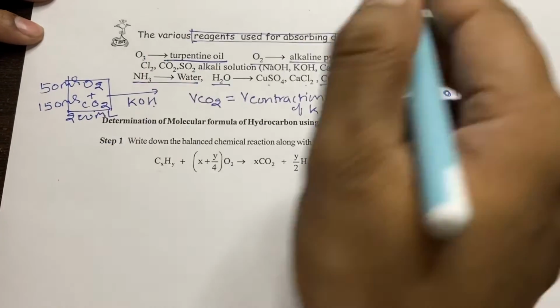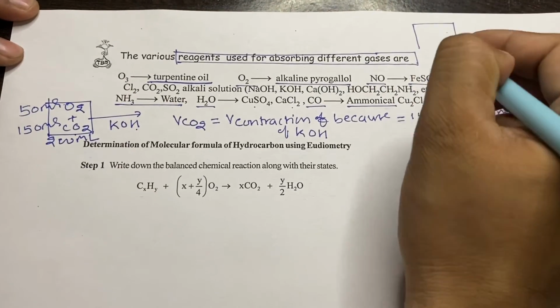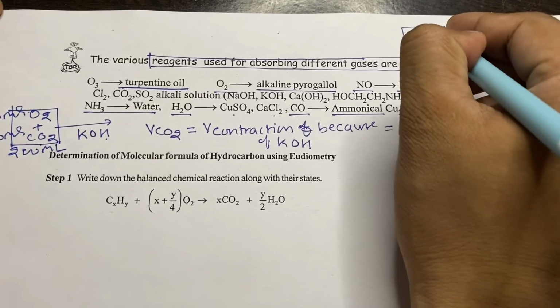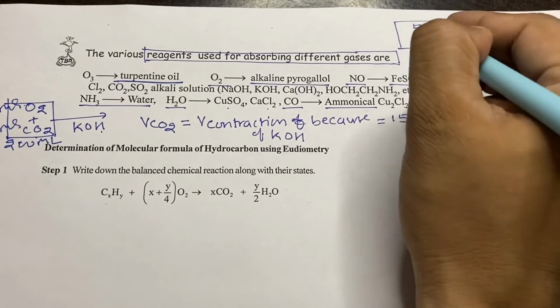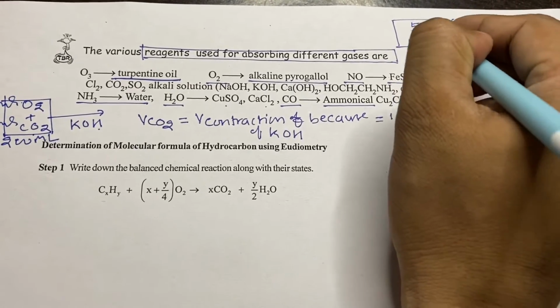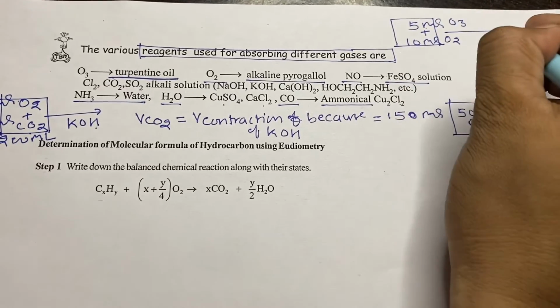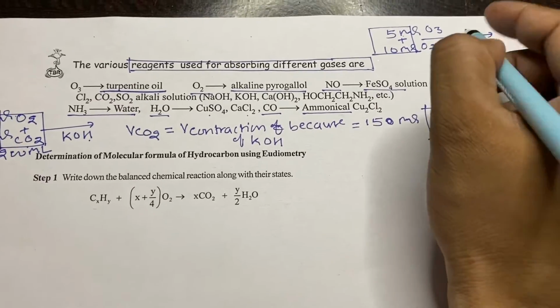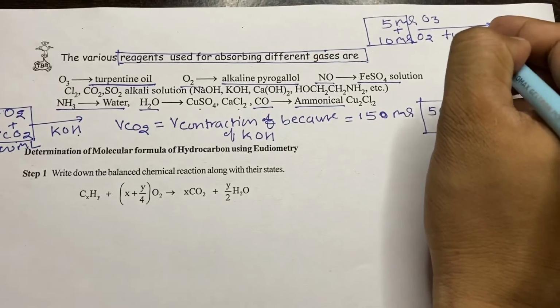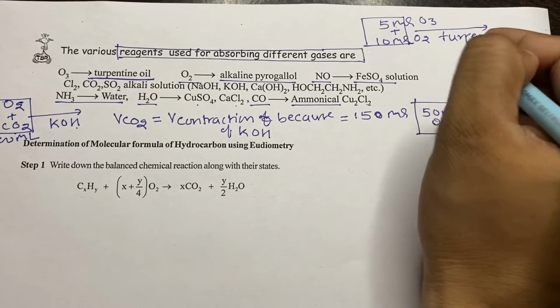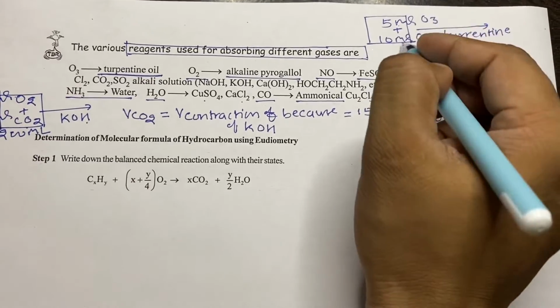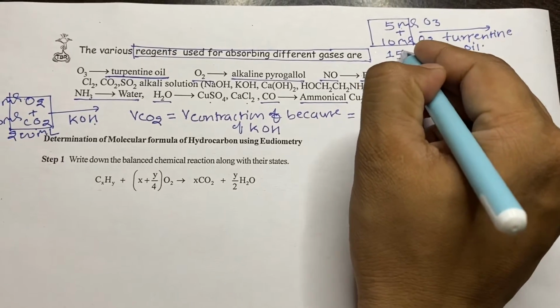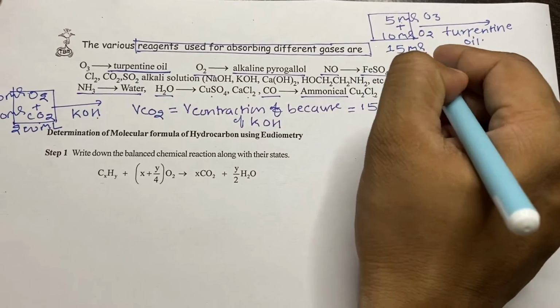In the same way, suppose the mixture contains 5 ml of ozone and 10 ml of oxygen, and now we are adding turpentine oil to this. The total initial mixture has a volume of 15 ml.